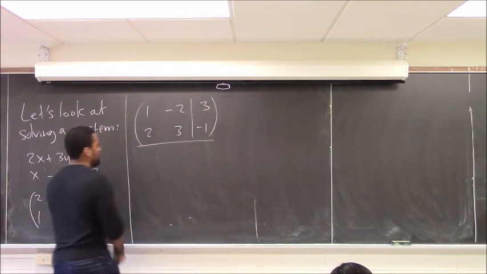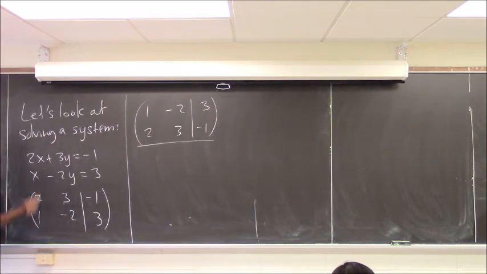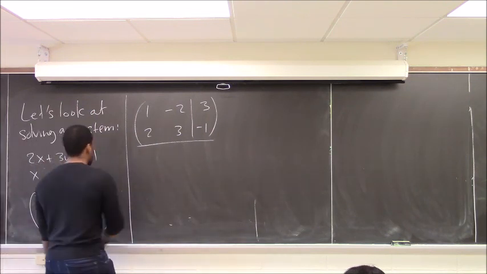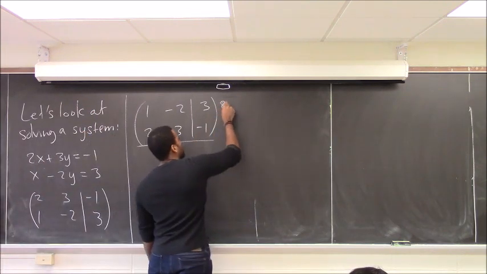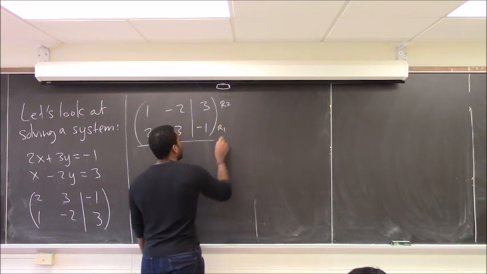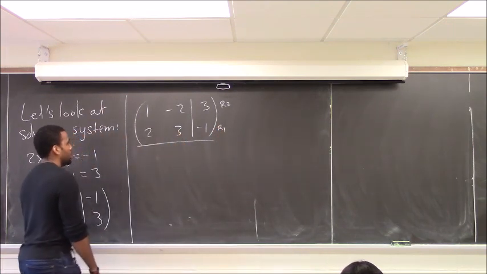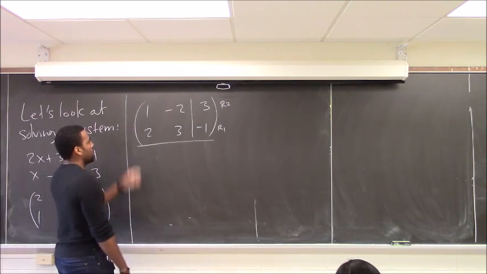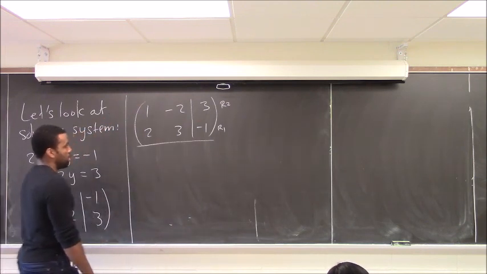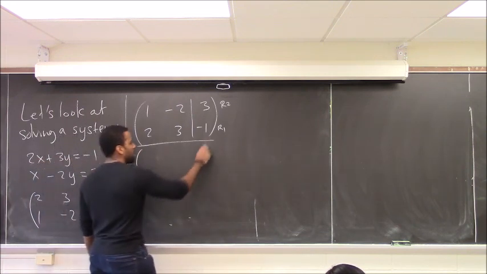Now, if I have in mind that I want to solve for the variable over here, I would want to eliminate the variable over here. And so how did we do that? What I did here is I moved row 2 to the top, row 1 to the bottom. Then I want to eliminate a guy in the x part and leave a guy in the y. So we multiplied by -2.